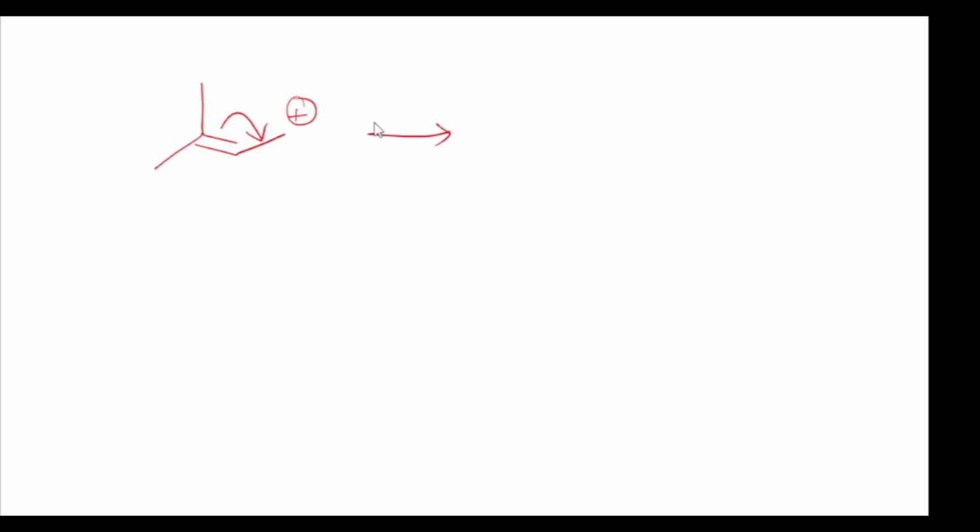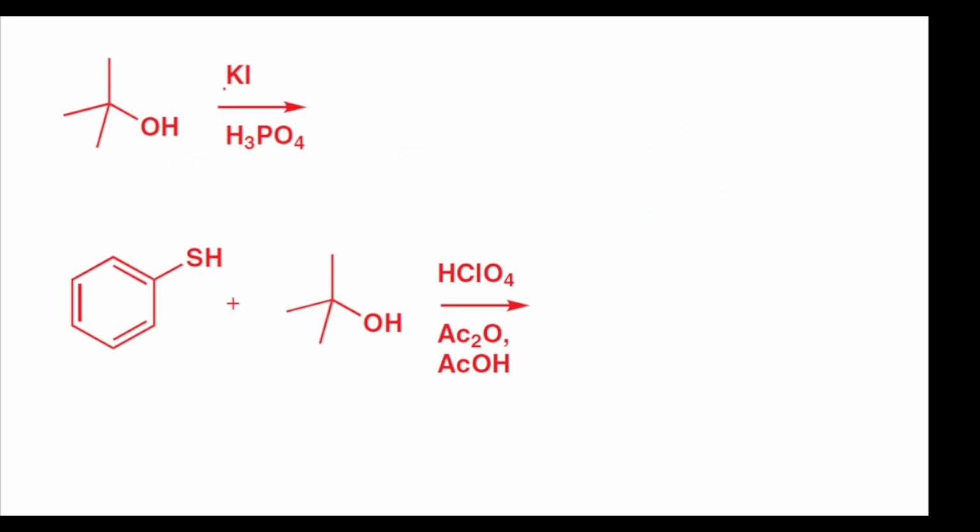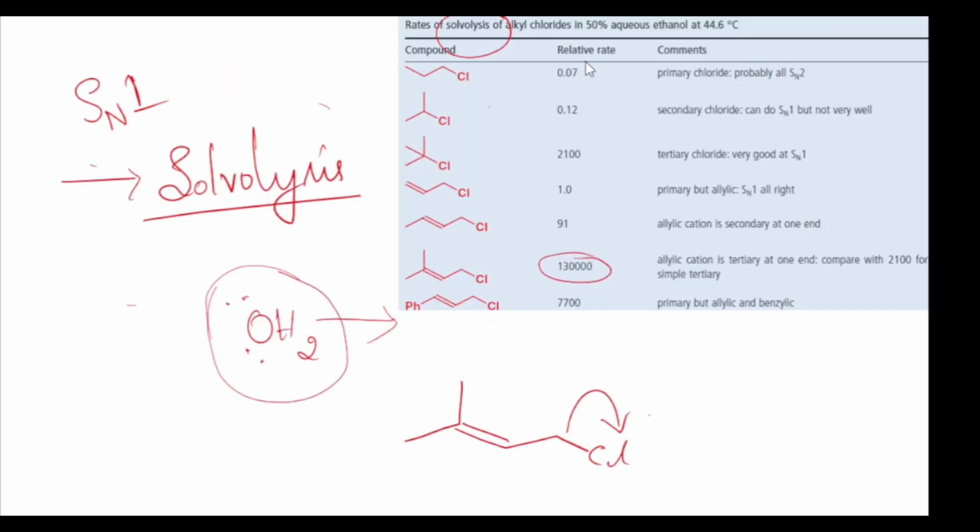We have to write this resonating structure and it will look like this. Here we are getting a positive charge. This pi bond can be delocalized over 3 carbon atoms, and this is a tertiary carbocation which is going to be very stable. That's why we get the relative rate in the higher amount, and you can observe that over here.